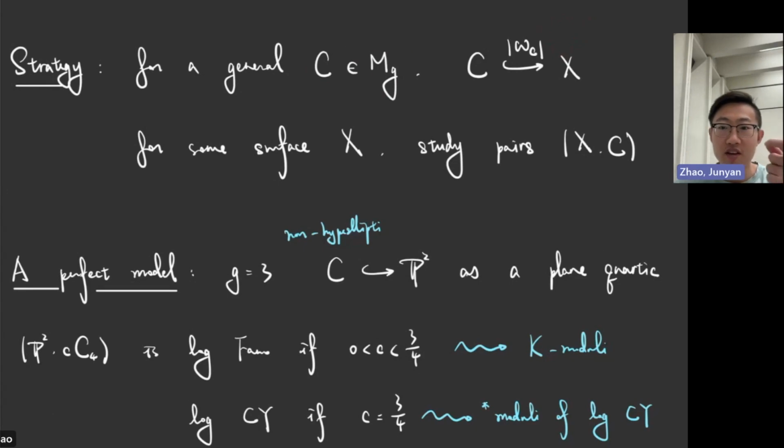But the trick here is: can we find a uniform surface for a general curve, such that the canonical image of this curve lies on this surface, so that we can study the pairs (X, C)? Now C is a divisor on this surface.